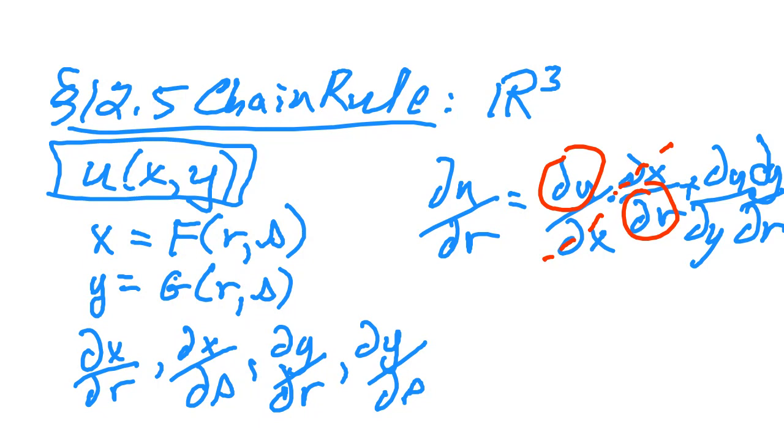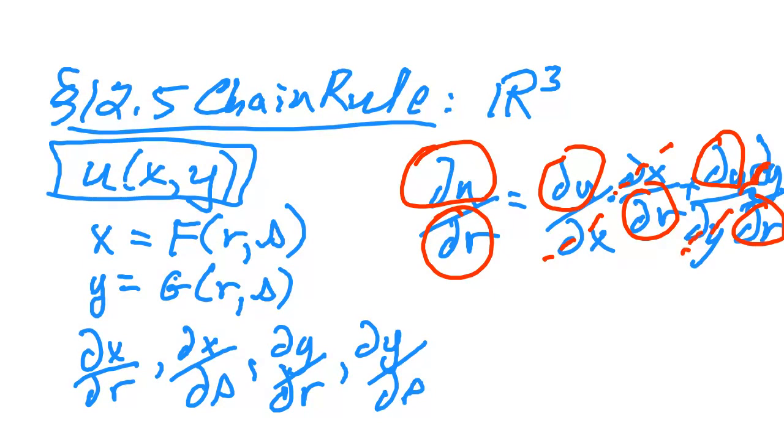Partial u with respect to R, that's what we wanted there. And these kind of go away. But we do have a plus sign in the middle, so we're going to add up each part of these. So that's kind of what that looks like.